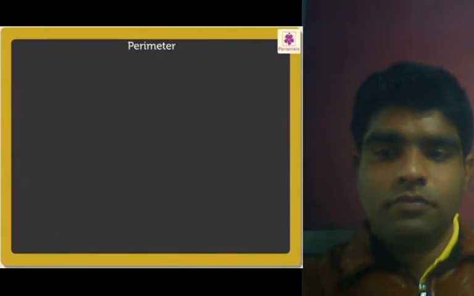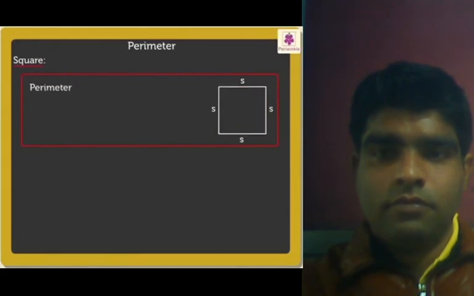Finally, let's look at the perimeter of a square. We know that the lengths of the 4 sides of a square are the same. Thus, the perimeter of a square can be calculated by adding all the 4 sides.